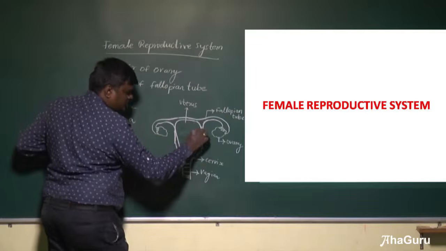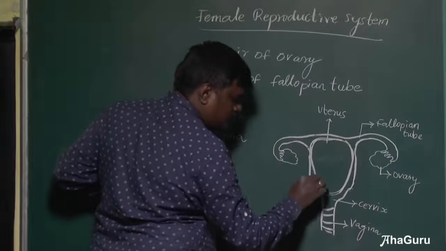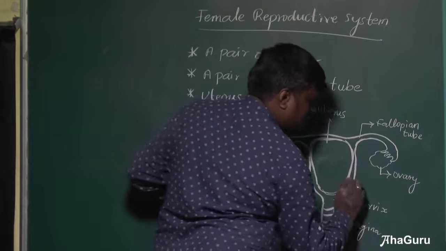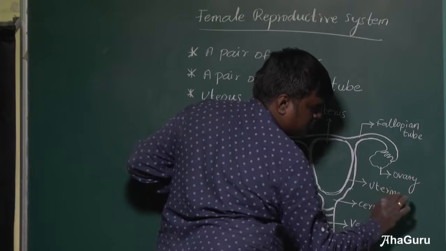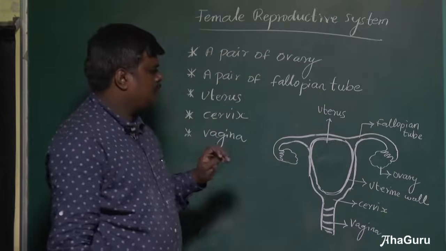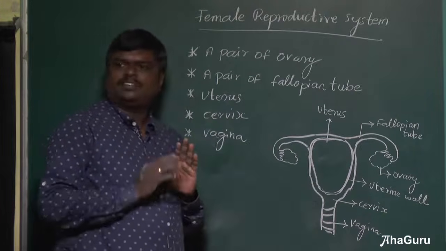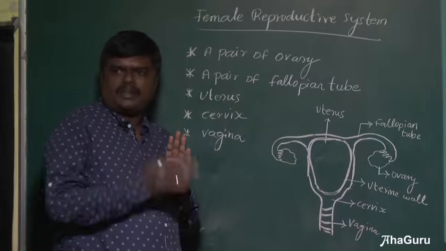And this uterus, this is the uterine wall. This uterine wall has 3 layers: endometrium, myometrium and perimetrium.